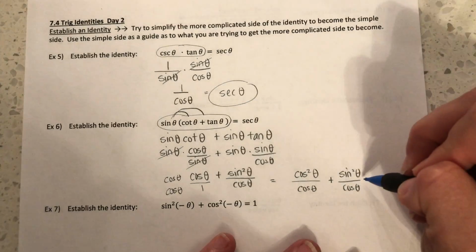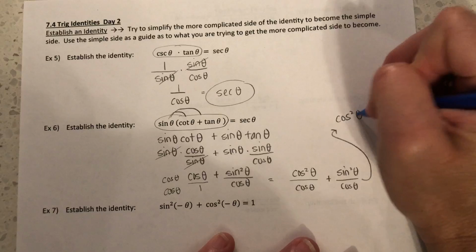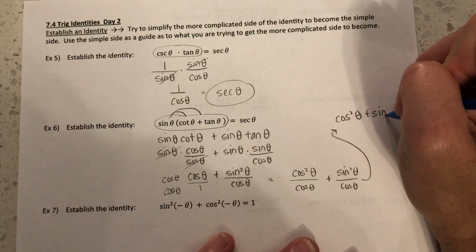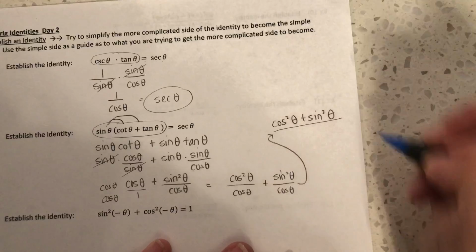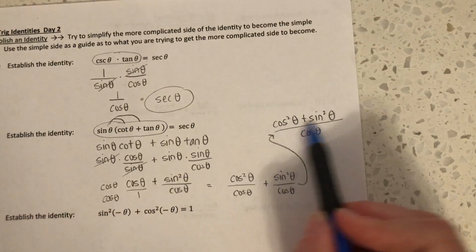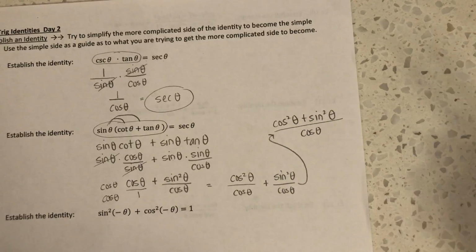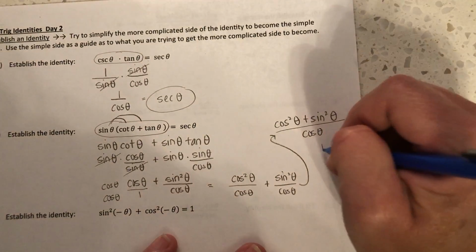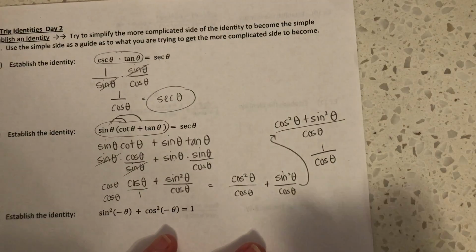So you end up with cosine squared theta plus sine squared theta all over my common denominator of cosine theta. Well, guys, you should recognize this is an identity. What is cosine squared theta plus sine squared theta equal to? It's 1. So this is 1 over cosine theta. And what's 1 over cosine theta?